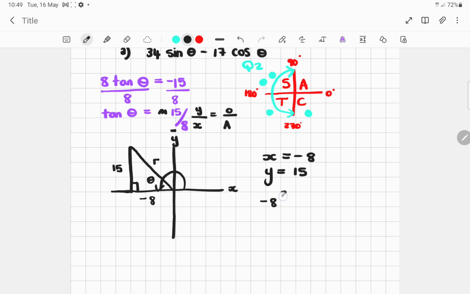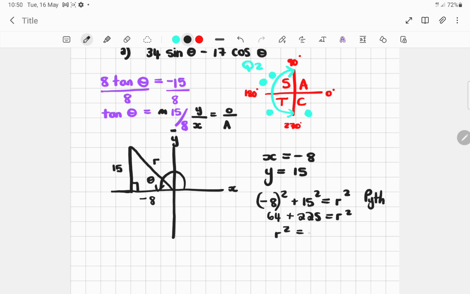So negative 8 squared plus 15 squared will give you the r squared. Okay, so that's 64 plus 15 squared gives you 225. It does give you a positive. Okay, plus 64 gives you 289.